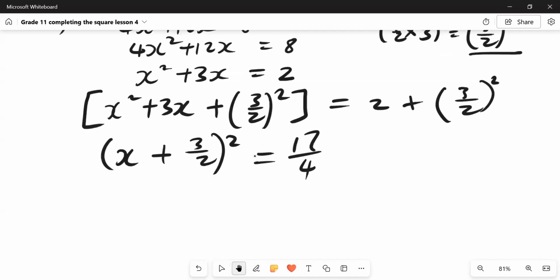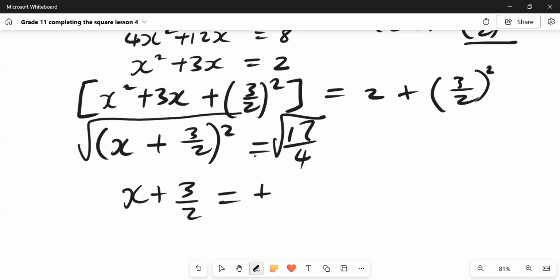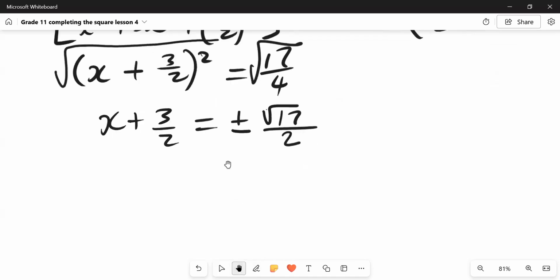And then from here, we go back to taking out the square root there. Take the square root rather. This is equals to plus or minus your root 17 over 2, right? The reason we're using a square root is because there's a square there. And then from here, we transpose.